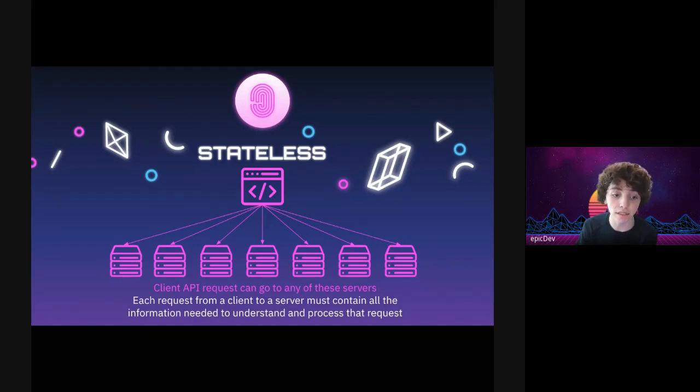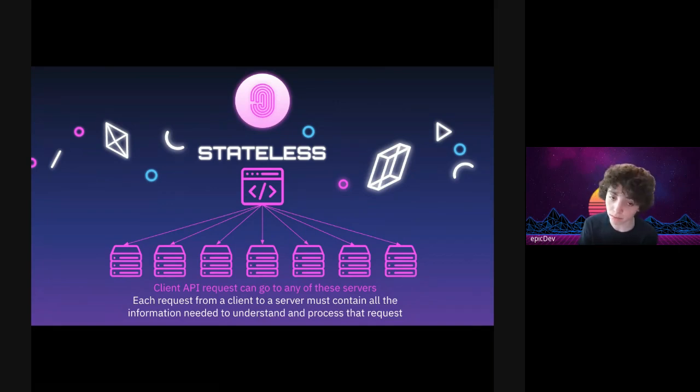Statelessness makes it very easy to horizontally scale, in that any client API request can go to any of these servers, because every request contains all of the information necessary to understand and process the request on the server. Therefore, the server doesn't store any information about the client when they make a request.